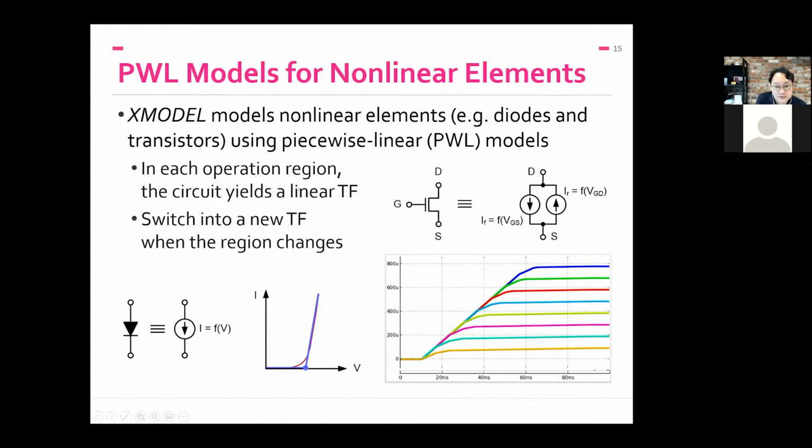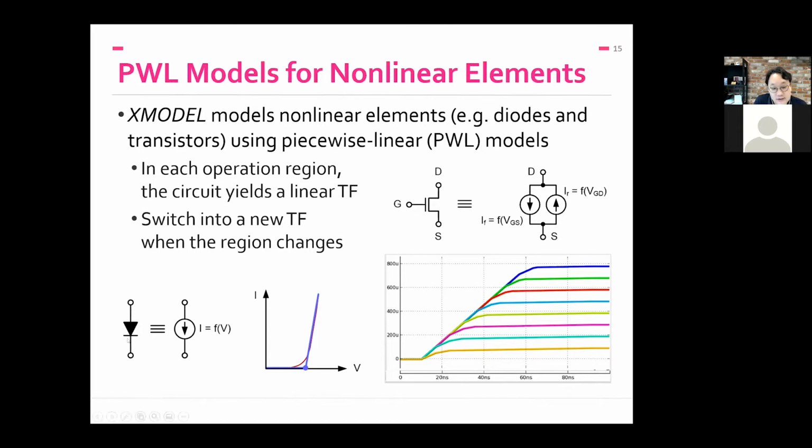So the simple way of explaining this is that if there is a nonlinear circuit element, we divide its voltage or current operating region into intervals. You could call it operating region. And within each operating region, we model the element as a linear element, having a linear relationship between voltage and current.